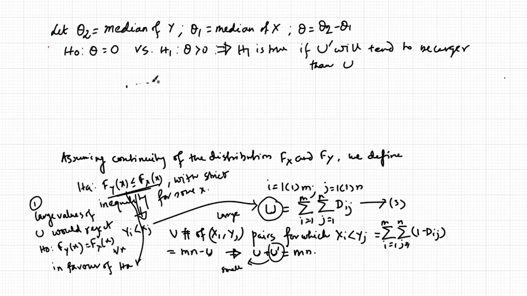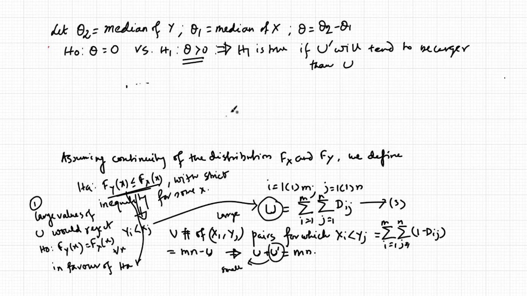Why? See, this means the median of y is greater than the median of x. So more than 50% of y values are greater than more than 50% of x values.